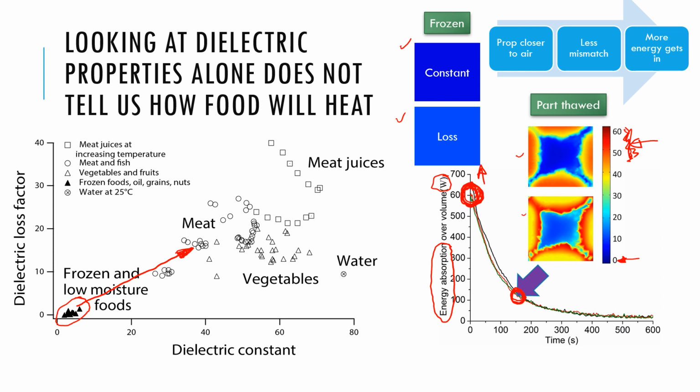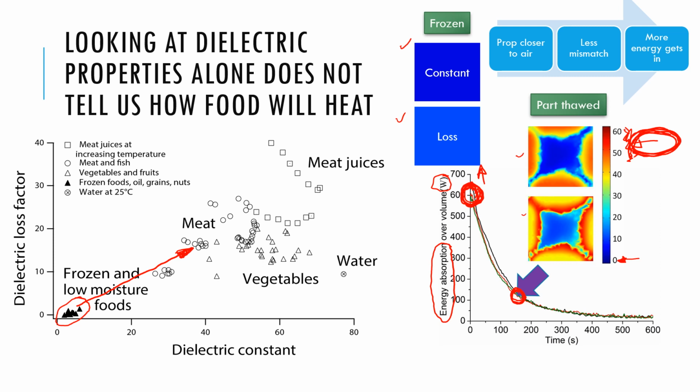The opposite is true when it's thawed. Its properties are much different from air. Air has the property of 0 loss and 1 as dielectric constant, and so it's now much different from air.